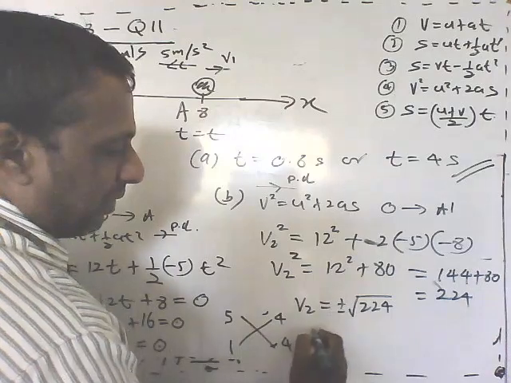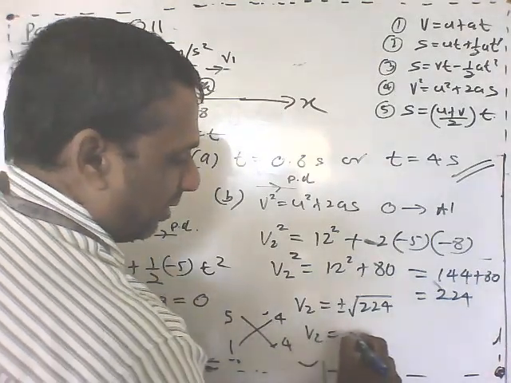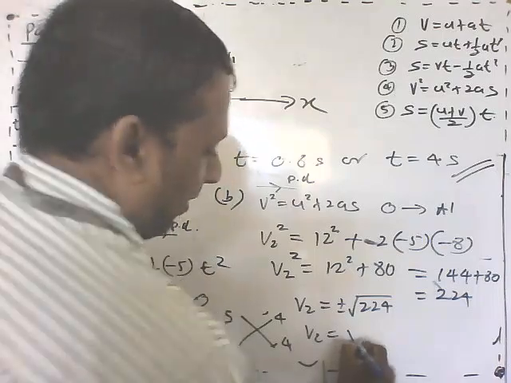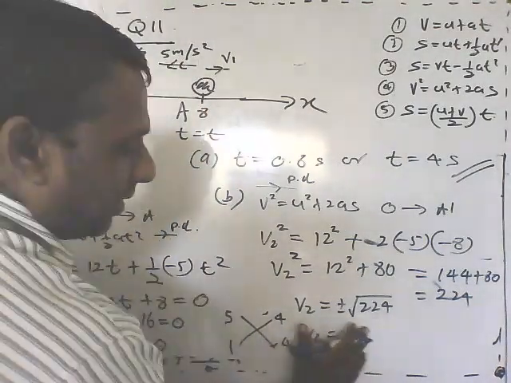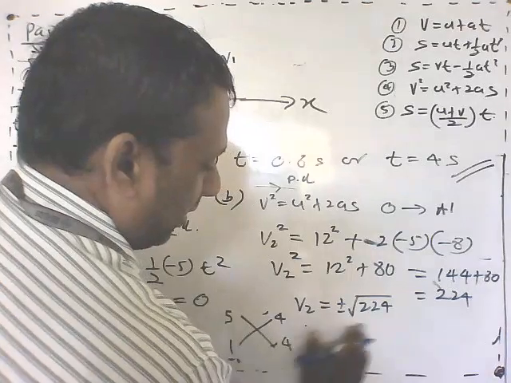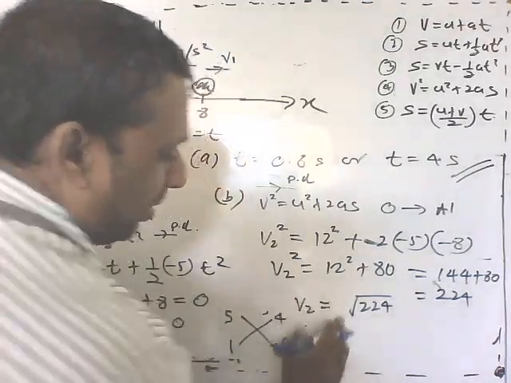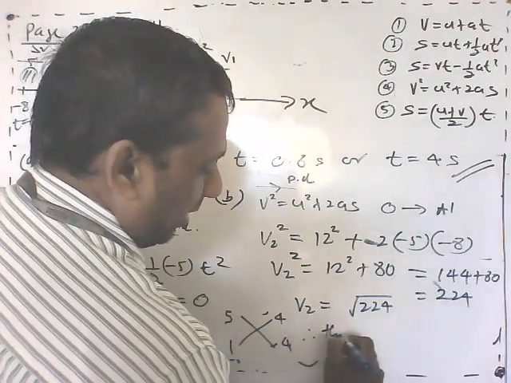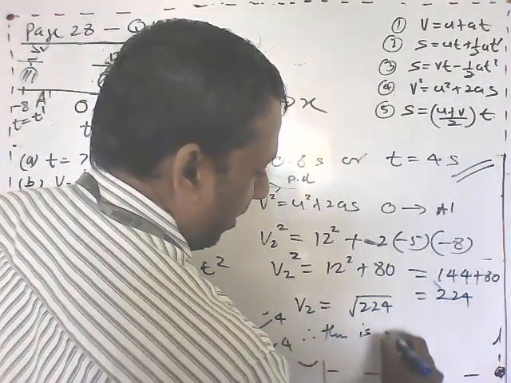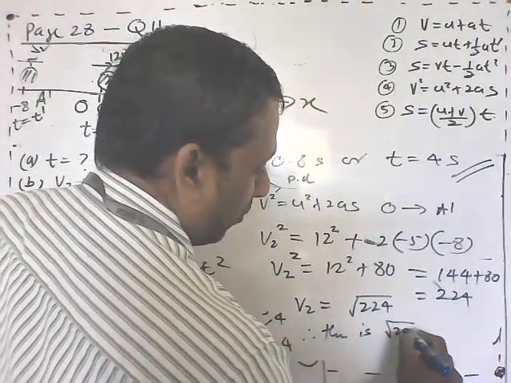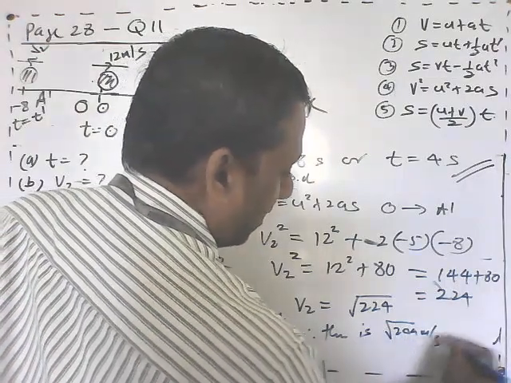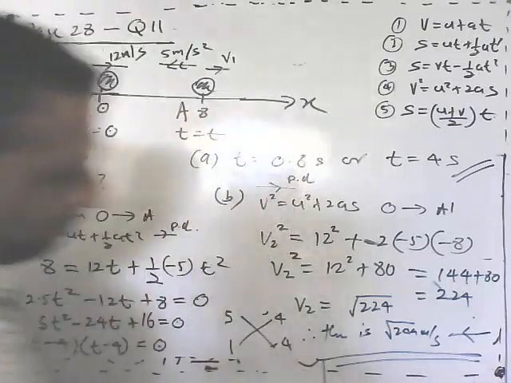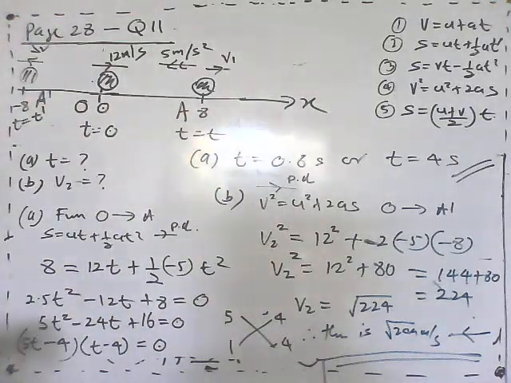And then you have to take v2 as the positive value. Therefore the speed is square root of 224 meters per second. You will put this to the right side, so choose the positive value.